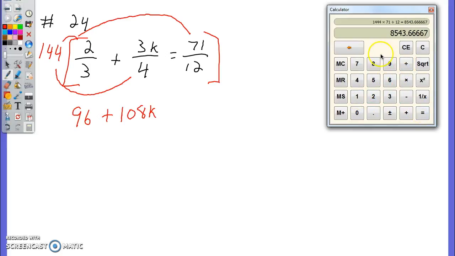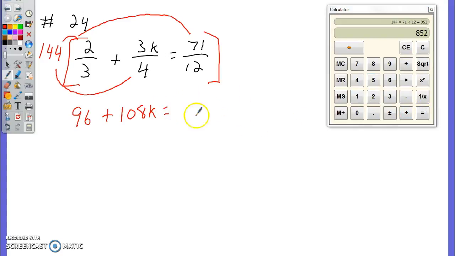That gives me, oops, you can see my mistake there. I was wondering why it didn't come out as a whole number. I put 1444. So let me clear that again. Sorry about that. 144 times 71 divided by 12. There we go. That's better.